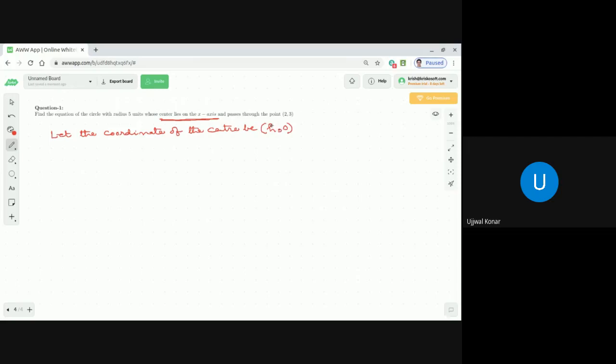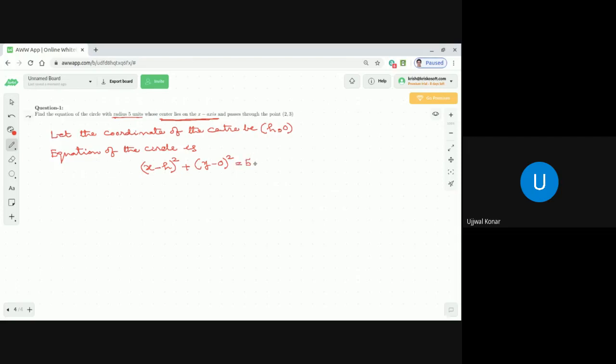And as the radius is given as 5 units, this implies what? The equation of the circle is x minus h whole square plus y minus 0 whole square is equal to 5 square.